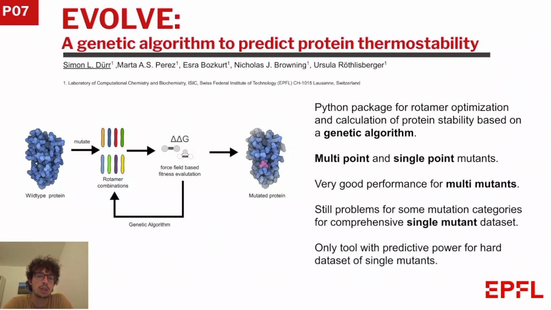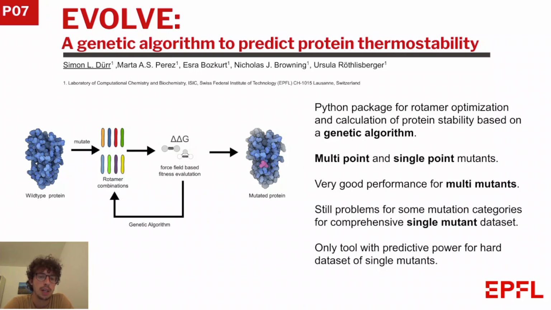But for some other mutation categories, our approach performs a bit worse. Here we discuss some of the technical details where we still need to work a bit more to improve the performance.